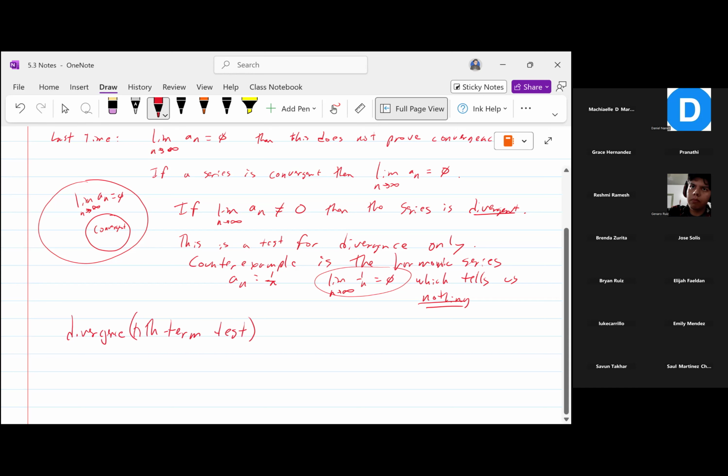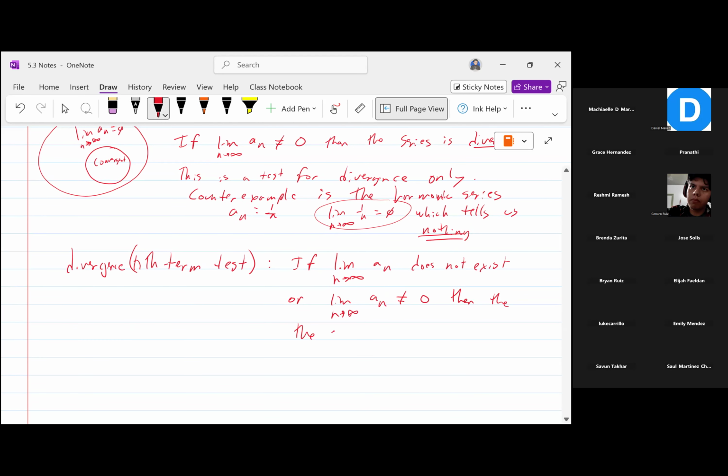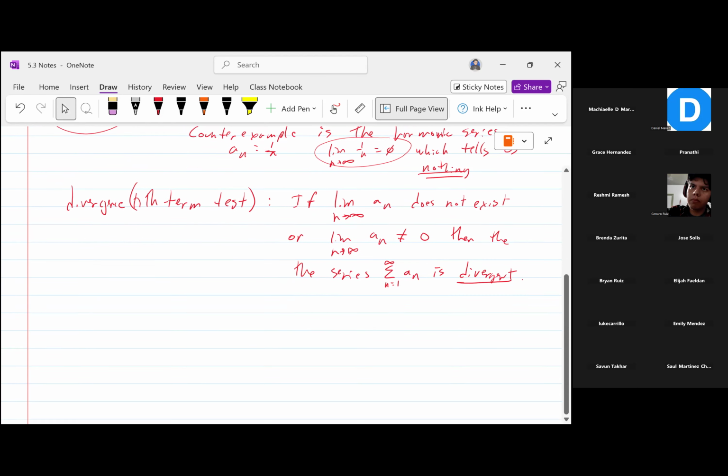Okay, and formally it says that if the limit as n goes to infinity of a sub n does not exist, or the limit as n goes to infinity of a sub n is not equal to 0, then the series summation n equals 1 to infinity of a sub n is divergent.